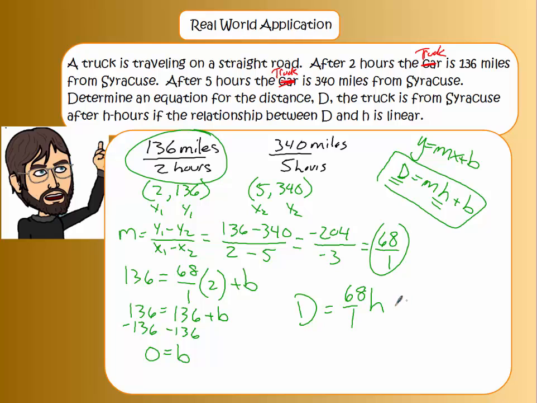I could say plus 0 if I want, but that's a little silly. Since b is 0, I'll just leave that off. So now I've created an equation for this real-world situation. So for every hour I travel, I go another 68 miles, is basically what this says.